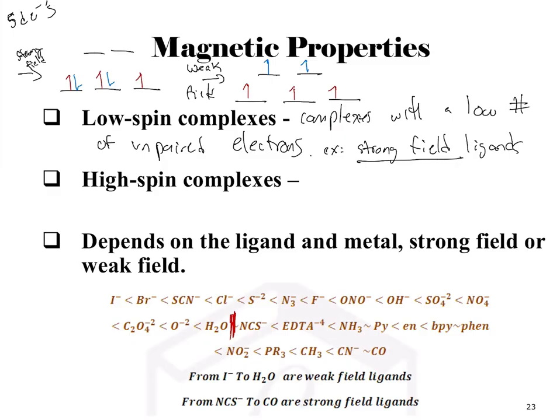So high spin complexes are going to be complexes with a high number of unpaired electrons. And these are usually going to be weak field ligands.